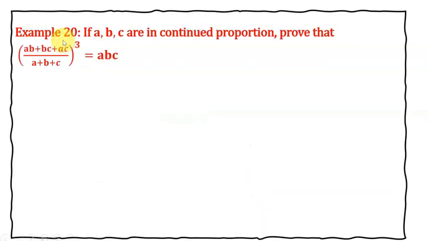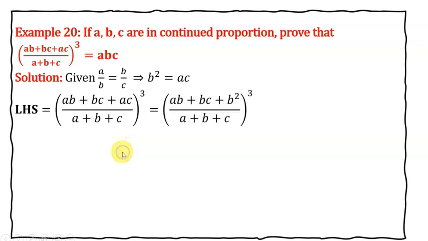Next, example number 20. If a, b, c are in continued proportion, then prove that ((ab plus bc plus ac) upon (a plus b plus c)) whole cube is equal to abc. Now see this again here. a upon b is equal to b upon c, which implies that b square is equal to ac. Now consider LHS, (ab plus bc plus ac) upon (a plus b plus c). Now again substitute the value of ac as b square.